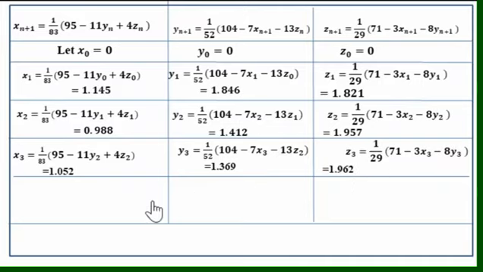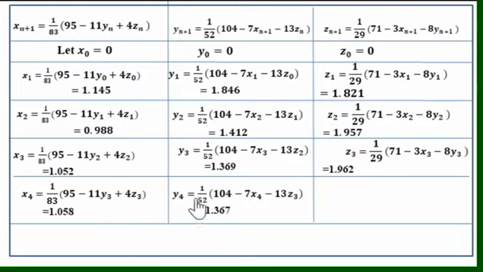= 1.962. For the fourth iteration, x4 is 1/83 (95 - 11 × 1.369 + 4 × 1.962). We'll get 1.058. Then y4 is 1/52 (104 - 7 × 1.058 - 13 × 1.962), that is 1.367.